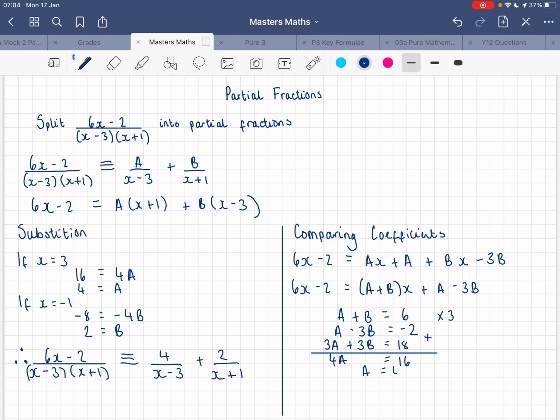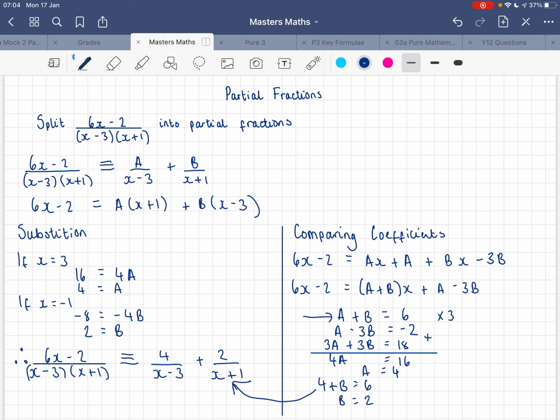A equals 4, just like we found before, so a is 4. When we know that, we have substituting it back into this equation, gives me 4 plus b equals 6, so b has to be equal to 2. And then again, the final step would be to rewrite the partial fractions like that.